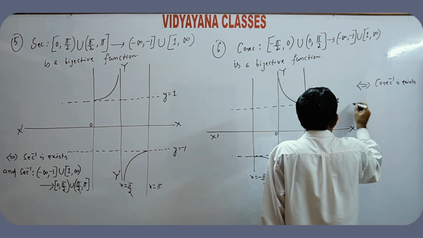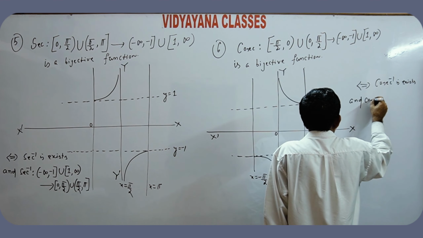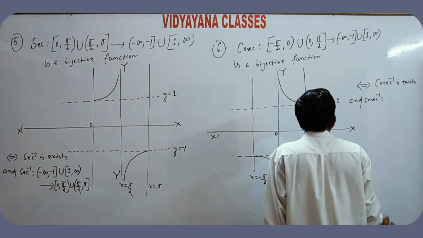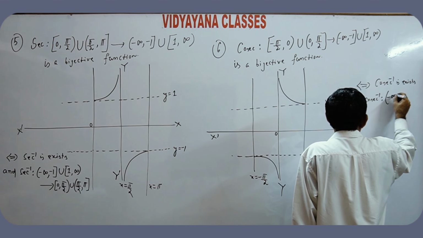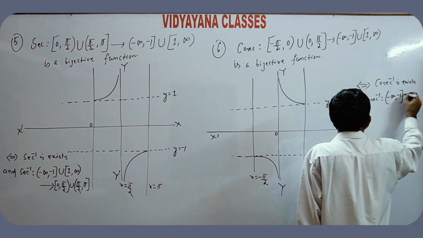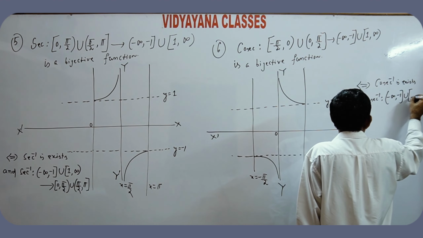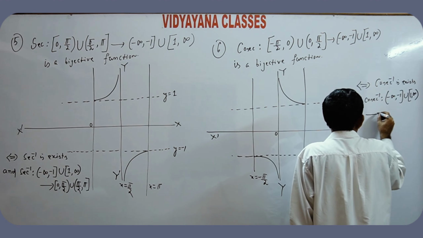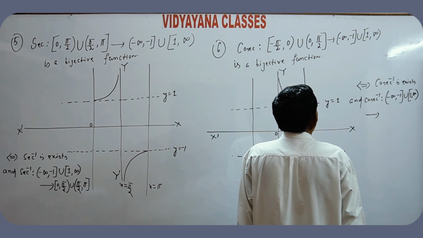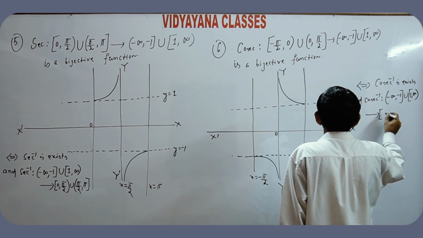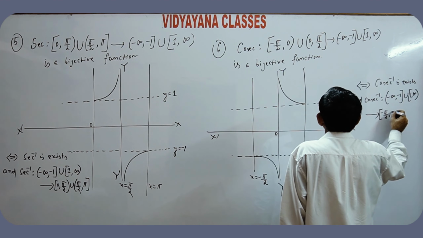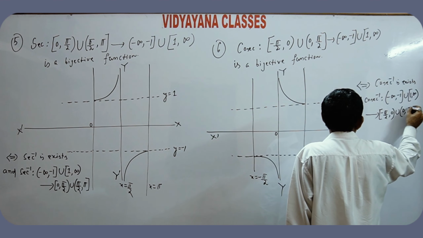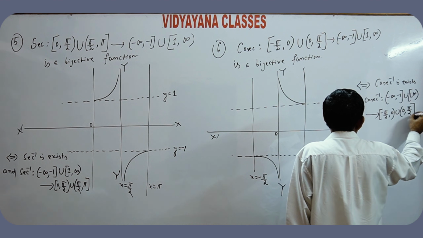That means cosec inverse is such that open bracket minus infinity, minus 1, close bracket, union, close bracket 1, infinity, open bracket, 2, close bracket, minus pi by 2, 0, open bracket, union, open bracket 0, pi by 2, close bracket.